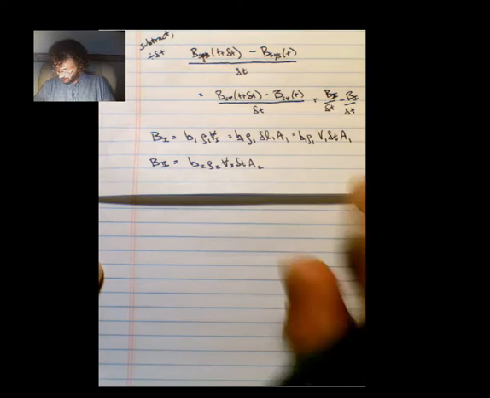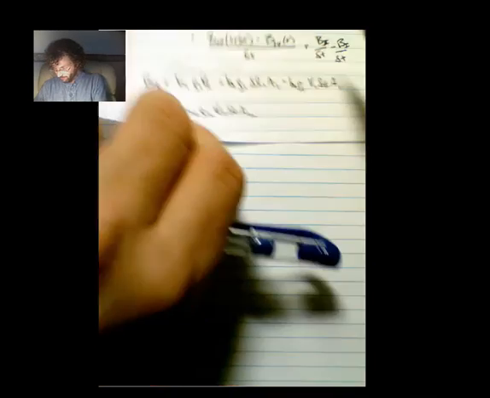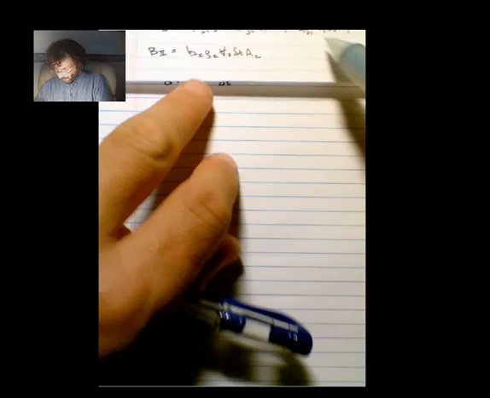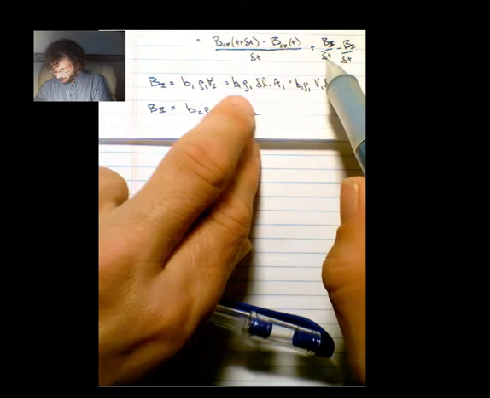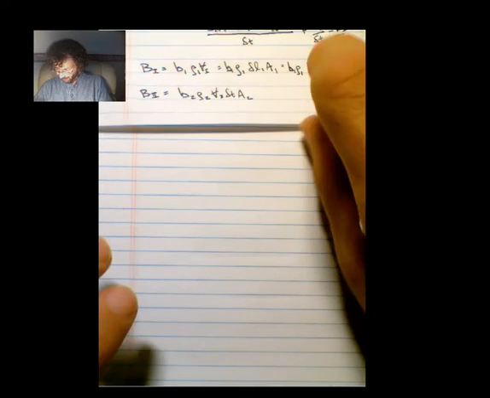Now these other ones, these that come from the little regions in and out here, well, we're looking for like B2 over delta t or B1 over delta t. These both have delta t's, and so those just divide out.